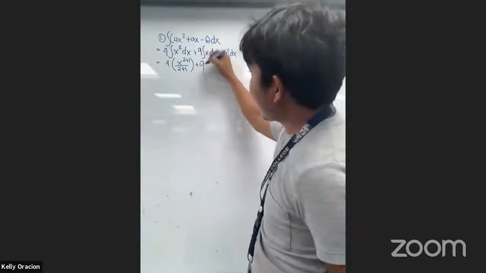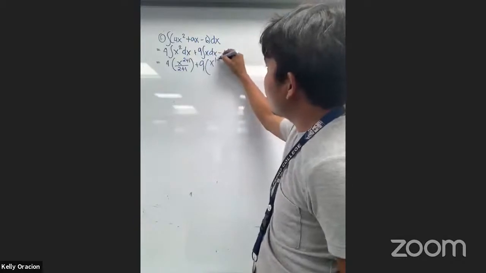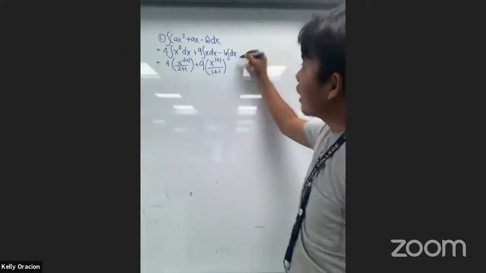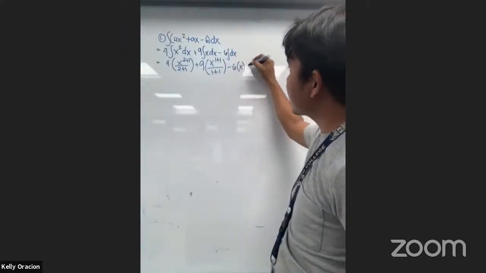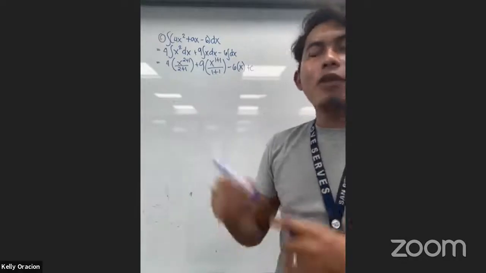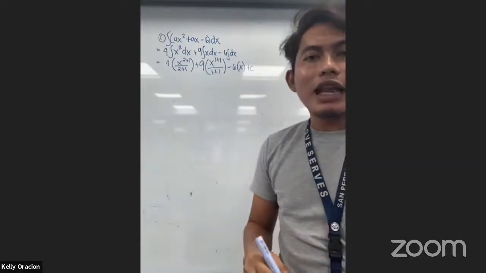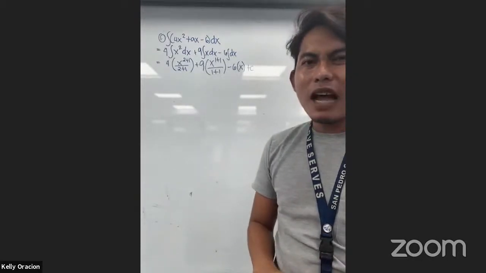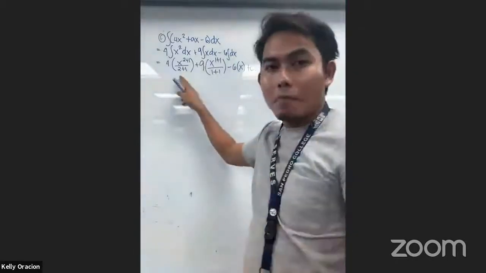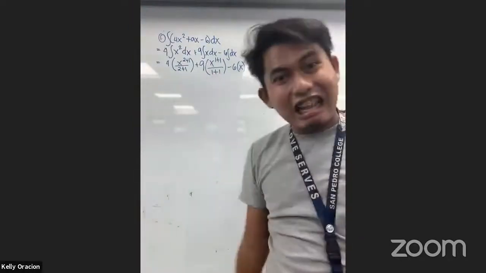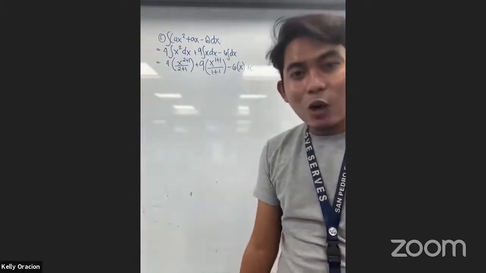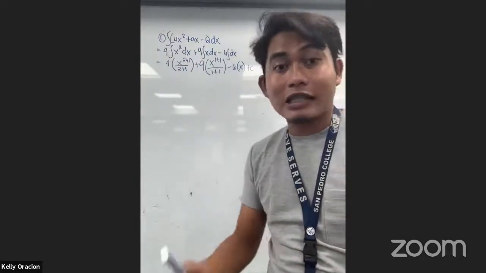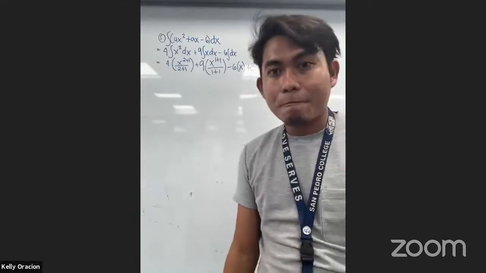Then 9: x to the 1 plus 1 over 1 plus 1. Next, minus 6 times x plus c. You only add the plus c at the end, in the last step. It's the same anyway, so it's better to add the plus c at the end. Okay?